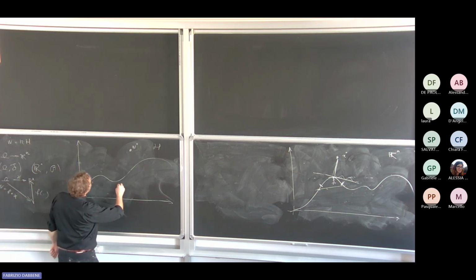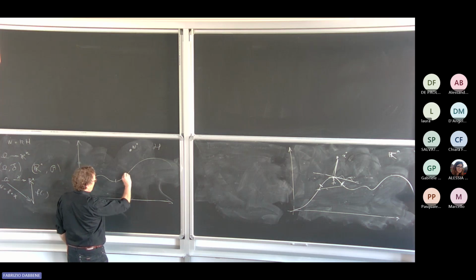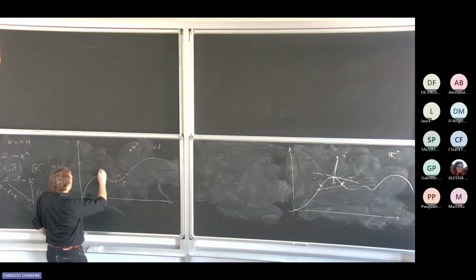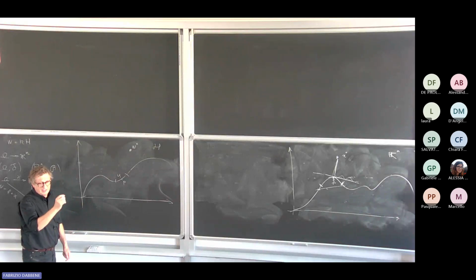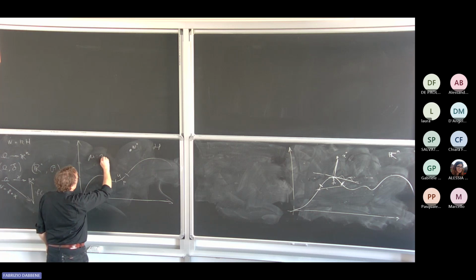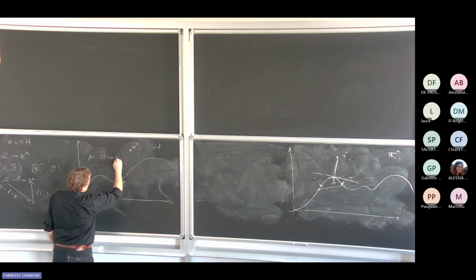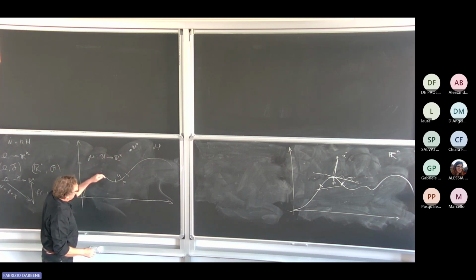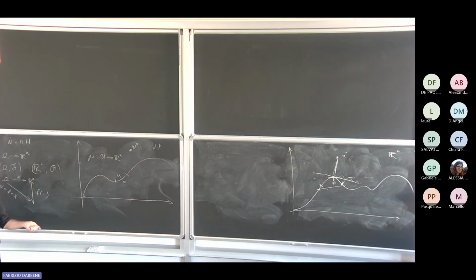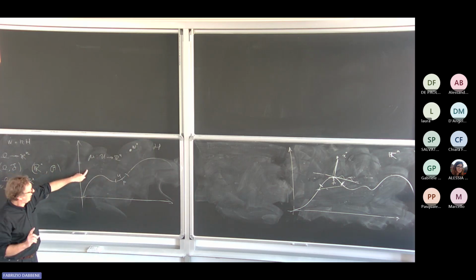For any point P on the manifold, you have some open U, and you have a chart map, call it mu, just with a name, that goes from U to R^Q. And if you can cover the whole manifold with these charts, then you have a manifold. You have a topological manifold.